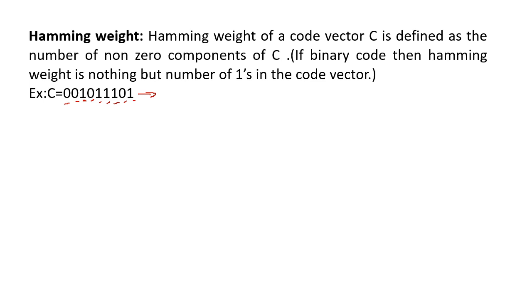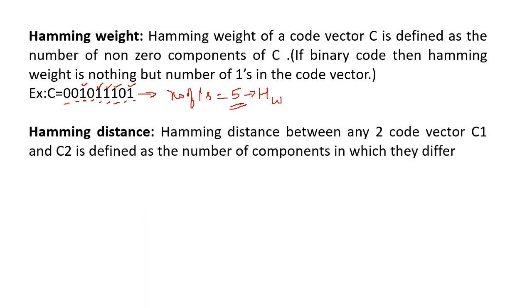Here the number of ones is 1, 2, 3, 4 and 5. So the number of ones is 5 and we can write the Hamming weight, usually denoted as HW, is equal to 5 for this particular example.